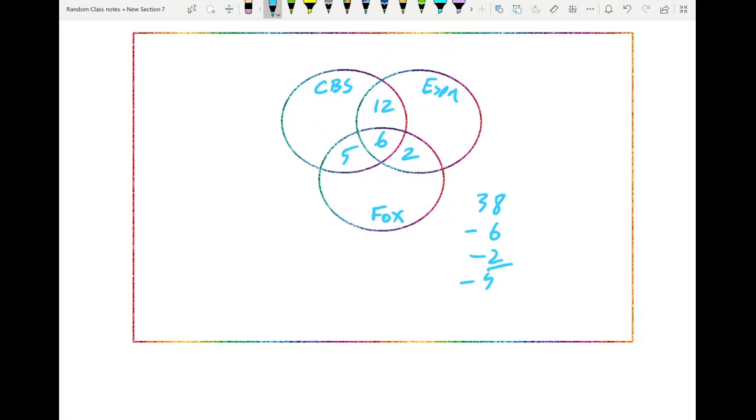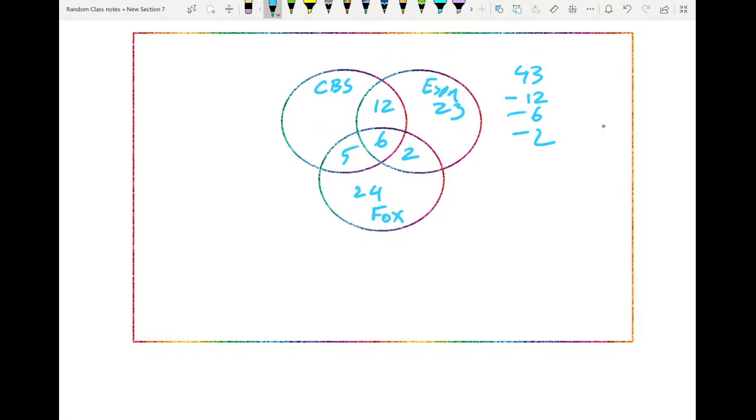Let me use my calculator. 38 minus 6 minus 2 minus 5, which is 25... 36 minus 2 minus 5, which is 24. Then ESPN is 43, which is minus 12, minus 6, minus 2, which is 23.